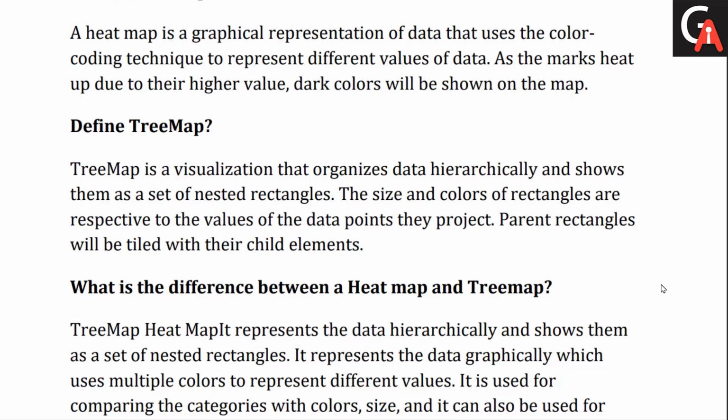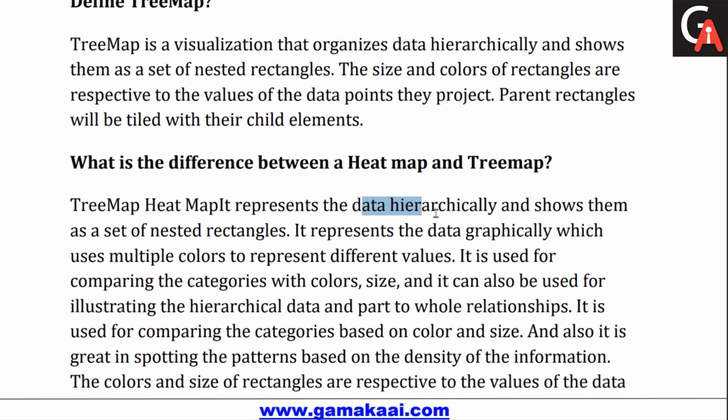And what is the basic difference between the heat map and tree map? A tree map represents the data hierarchically and shows them as a set of nested rectangles. A heat map represents the data graphically, which uses multiple colors to represent different values.